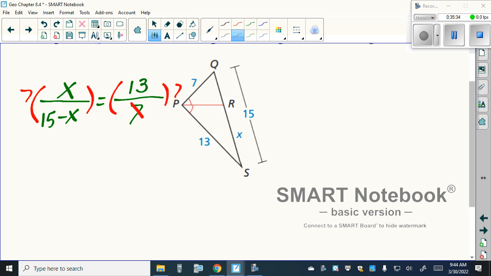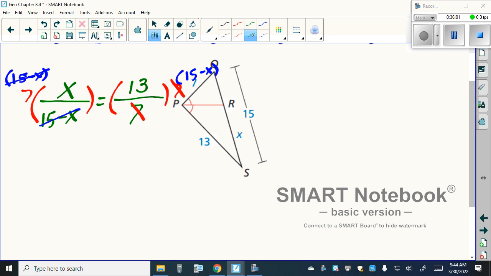And if we do that here, the 7 and 7 would cancel out, yes? But in the other fraction, I still have the 15 minus x, yes? So I'm going to also have to multiply both sides by 15 minus x. Because here, the 15 minus x and 15 minus x would cancel.